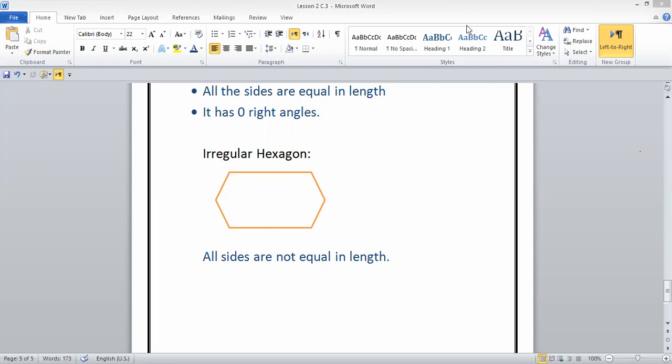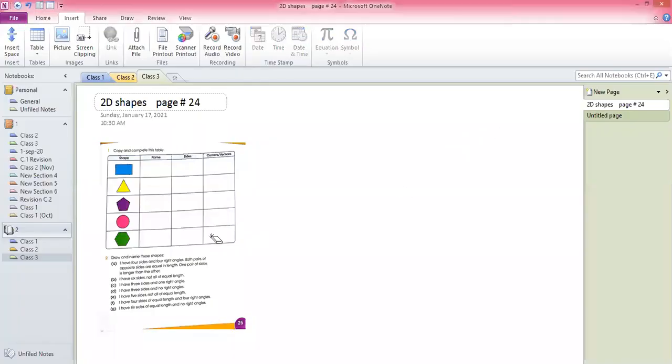Now I'm going to share a new screen. Open your books, guys, please, page number 24. Wait for a while please.